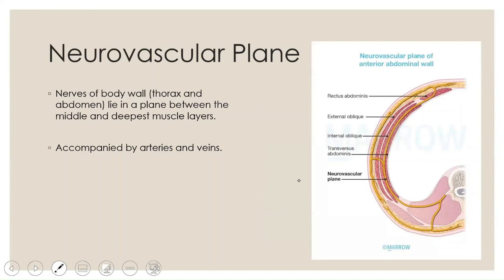So these nerves travel in the neurovascular plane. This is the plane or the section within which the nerves travel within the body wall. So here you have the spinal nerve coming out. You have the dorsal ramus and the anterior ramus. And this neurovascular plane usually is found within the middle and the innermost layer of the body wall muscles.